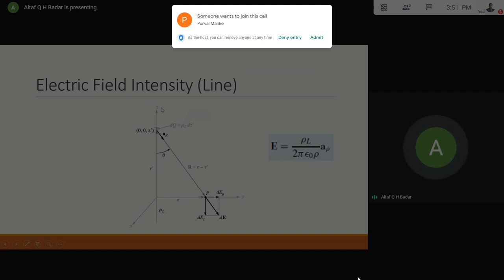But there is a very simple thing: if the line is infinite, and there is a point at a distance of positive z dash from the origin, there would also be a similar point on the other end, at minus z dash. So the components that will come out for the electric field intensity here, because of z dash, are E rho and Ez. E rho is visible as if P is on the y-axis, but it may be anywhere.